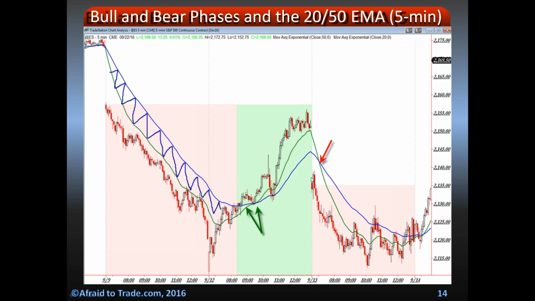Next session, same thing, downside gap, no fill of the gap, EMAs cross, and we really have a mirror image or repeat of the 9th. Except this time, what happened here, it didn't go all the way down. It held support. We'll talk about this later, divergences, and then form this U pattern or saucer pattern.